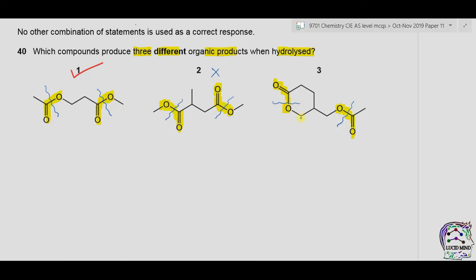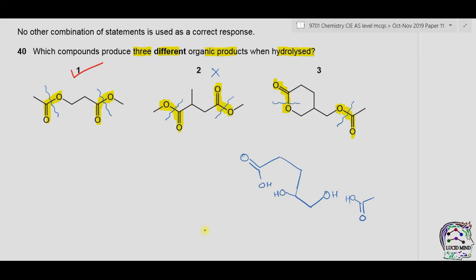Moving towards option 3. Again we can see that carbonyl carbon will convert into carboxylic acid and oxygen will convert into alcohol. Similarly, this oxygen is converted into alcohol, and this carbonyl carbon is converted into carboxylic acid.